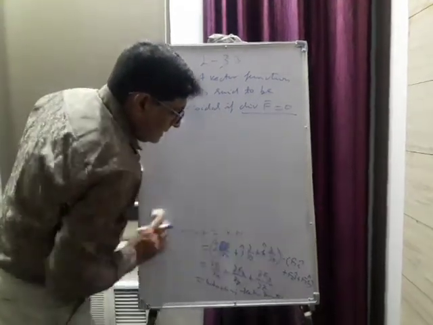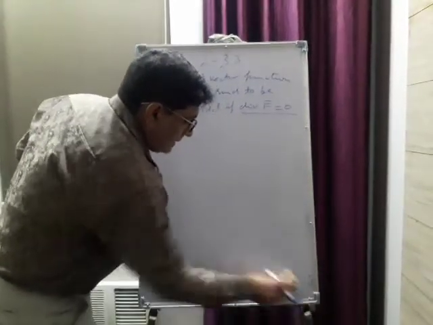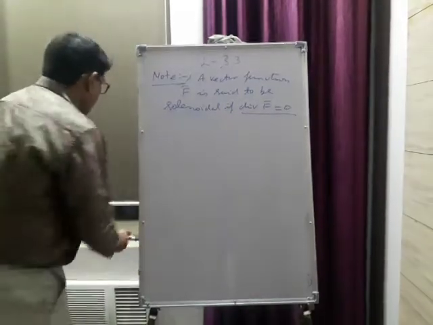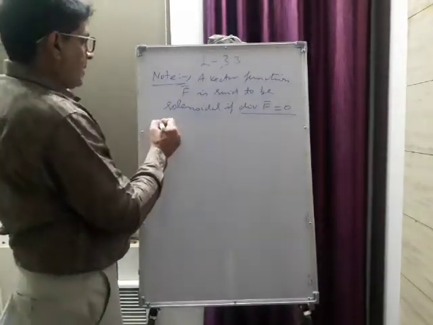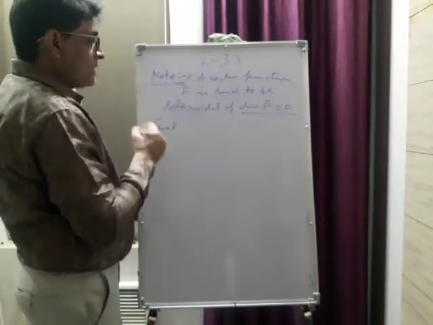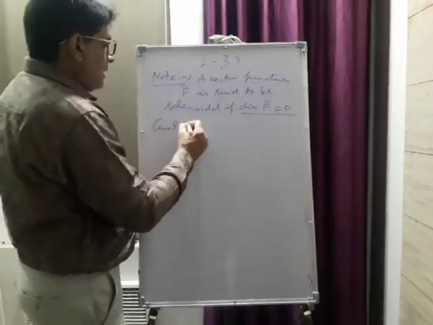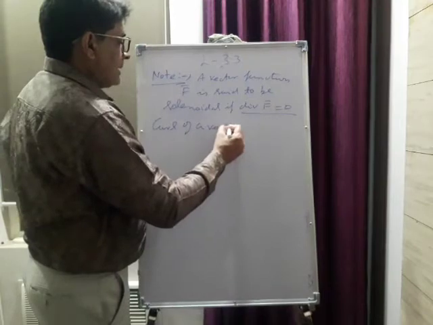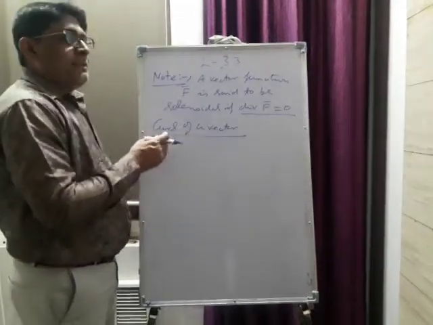Now next is curl of a vector. This is the last topic of this lecture. Curl of a vector. Curl means motion.